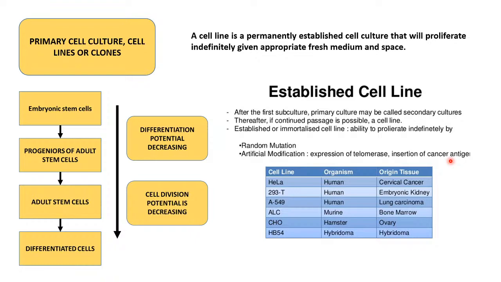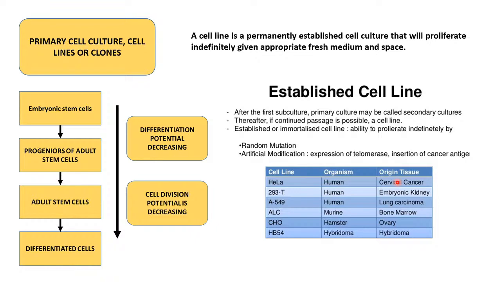The drawback is you will get cancerous properties, right? That's why whatever cell lines we hear about, which are available in the market, which can be grown for a very long time in the culture system, they are generally cancerous.